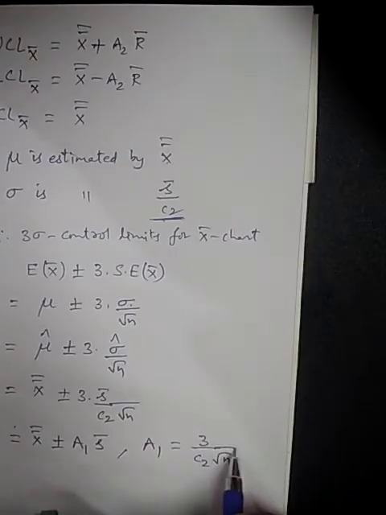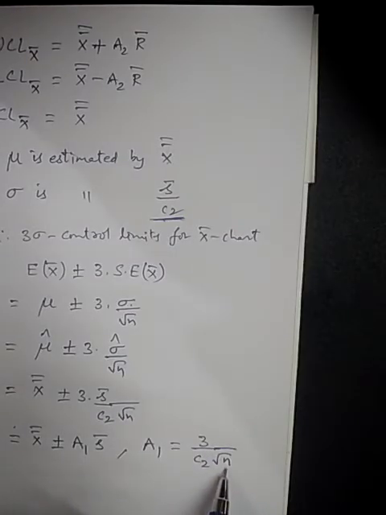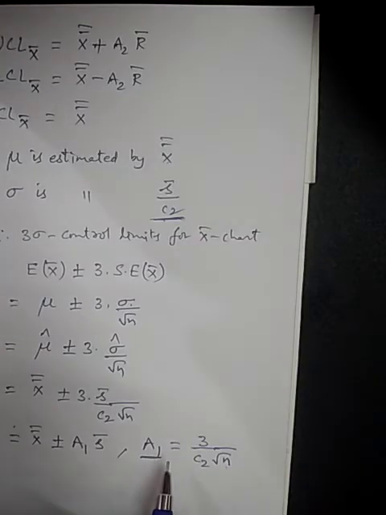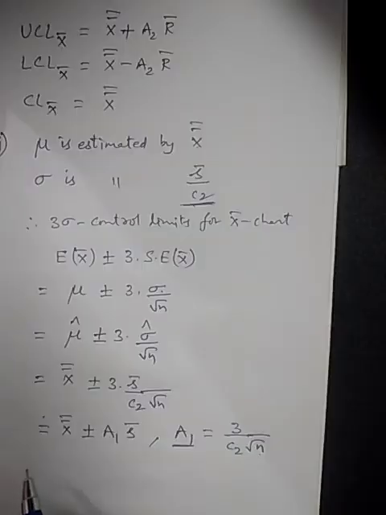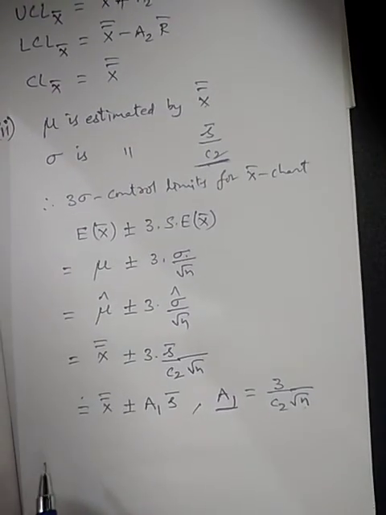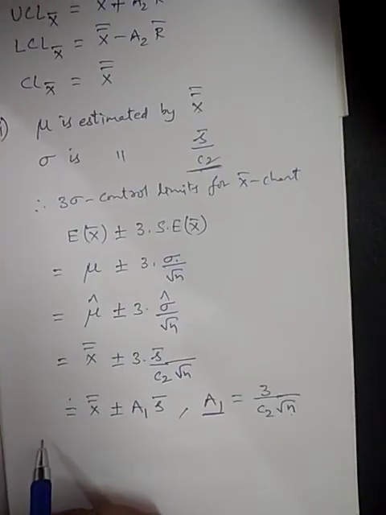For different values of n, these A1 values are calculated and tabulated, therefore we can obtain the values of A1 from statistical tables of SQC, statistical quality control tables. Now you have to write the 3 sigma control limits for X bar chart, that is UCL, LCL and CL. I specify again, UCL and LCL are only the control limits.